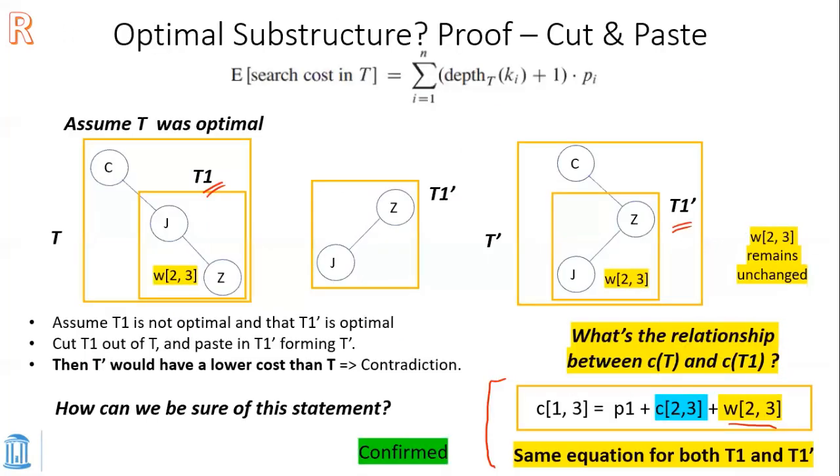So basically the cost from 1 to 3 can be written generically as the cost of searching for K1, plus the cost of searching the substructure 2, 3, plus the weight of 2, 3. Notice that the cost of 2, 3 will change depending on which substructure you're looking at.